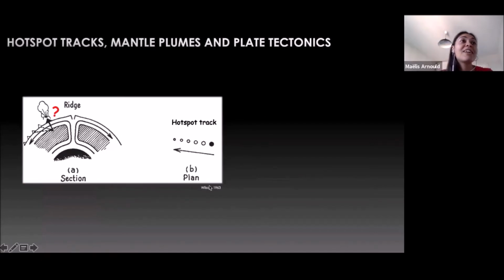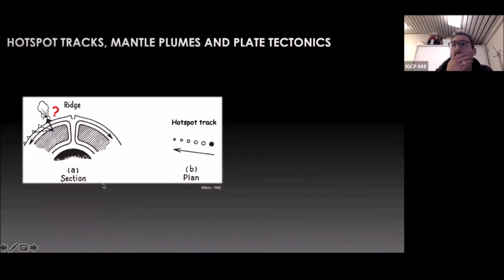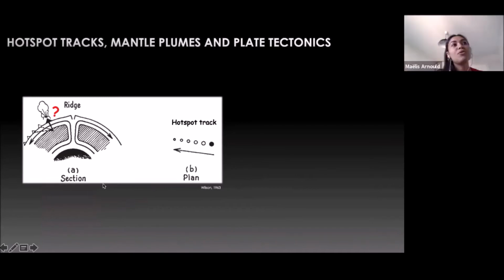And as you can see here, already in 1963, while researchers were still investigating the possible forces leading to mountain ranges, to the formation of oceans, Wilson proposed that mantle convection could be one central piece of the puzzle, and that hotspot tracks could record the presence of mantle upwelling and thus mantle convection, which would in turn participate in plate motions. And at that time and until now, people have been investigating the causes of these hotspot tracks that we can see at the surface of the Earth.